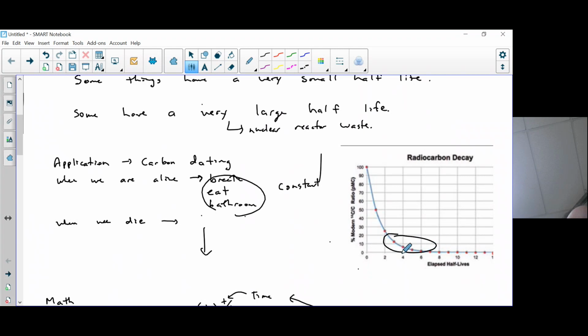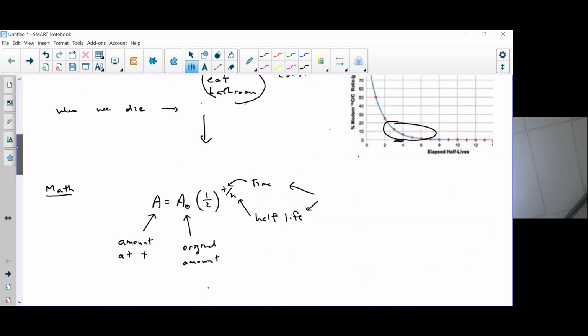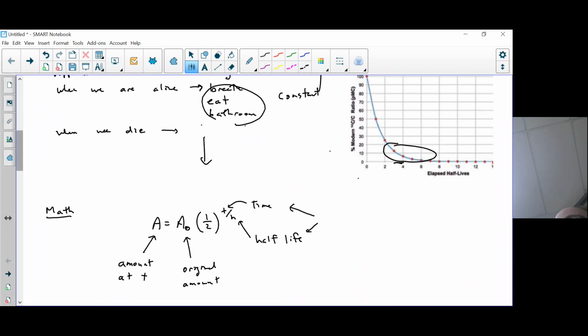For a really small amount of time, we get a bigger change. So we have to be careful about using carbon to date super old things. When we are trying to date super old things, they turn to other radioactive elements. They look at Mg, they look at Al. There are other things they can look at with longer half-lives than carbon.